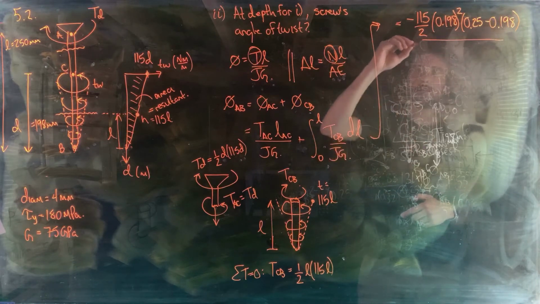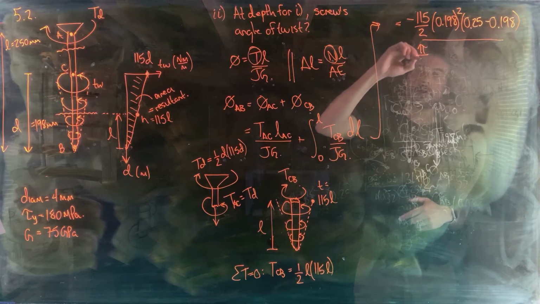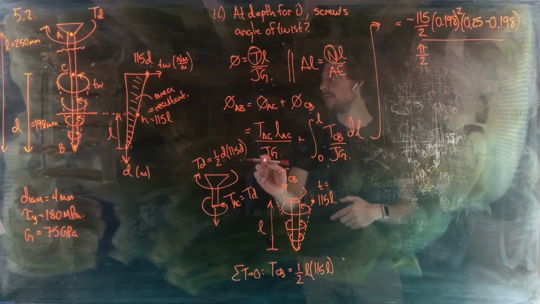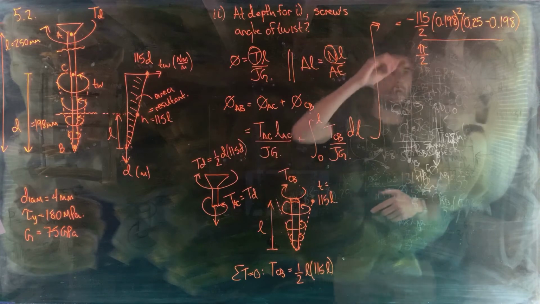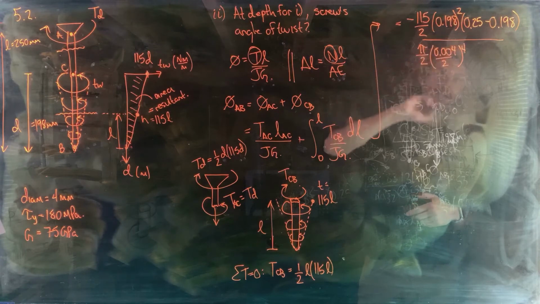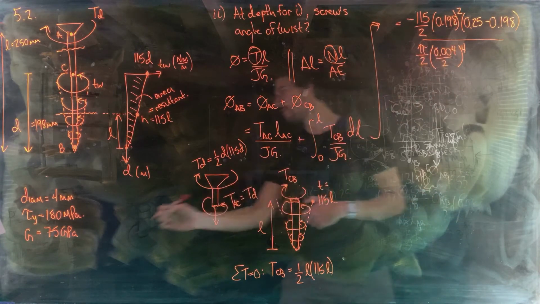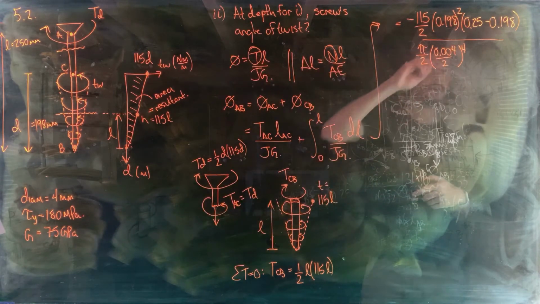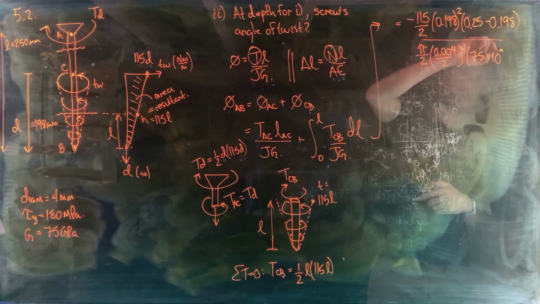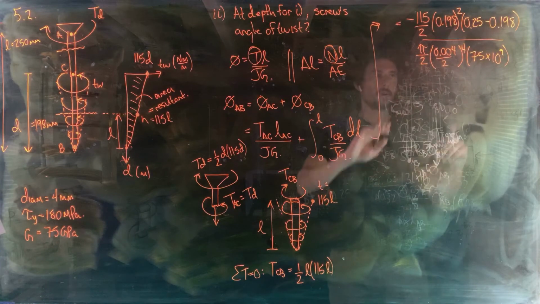Okay, so divide by pi over 2 radius to the 4th power. So we've got 0.004 for the diameter of the screw divided by 2, raise that to the 4th power. And then G is the modulus of rigidity, 75 gigapascals. So we've got 75 times 10 to the 9 there. Okay.